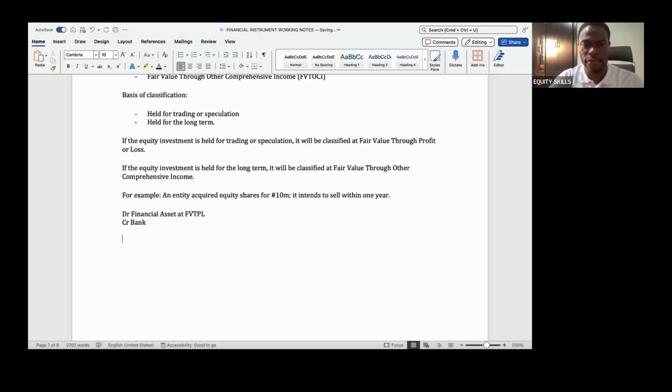Now, usually at the beginning of the year also, the entity will incur transaction costs.